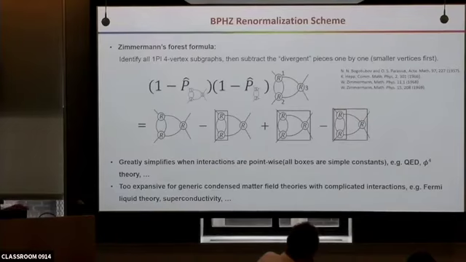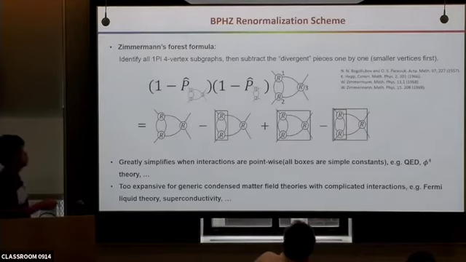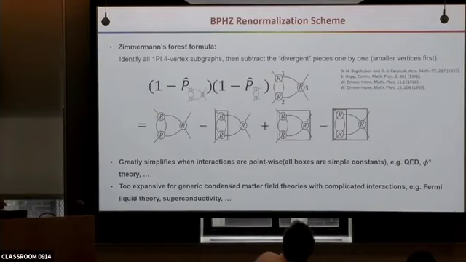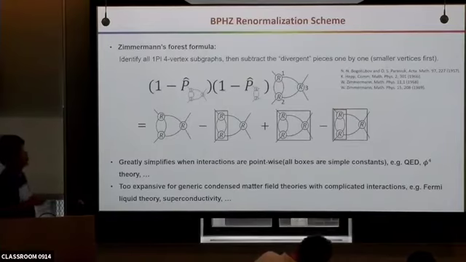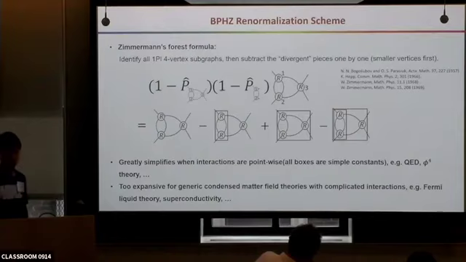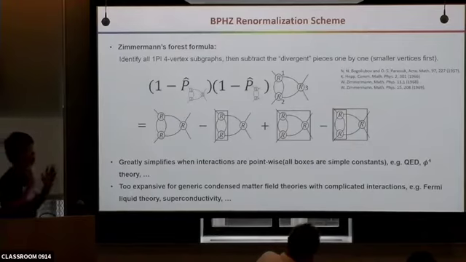For example, with this diagram, 1, 2 is a subdiagram, and 1, 2, 3 is also a subdiagram. Then just do projection, starting with a small one and going to larger vertex functions. And this P projection is just the red box. So if you expand it, you will get 4 diagrams. Okay? So if you sum all 4 diagrams together, you will find all UV divergence is magically gone.